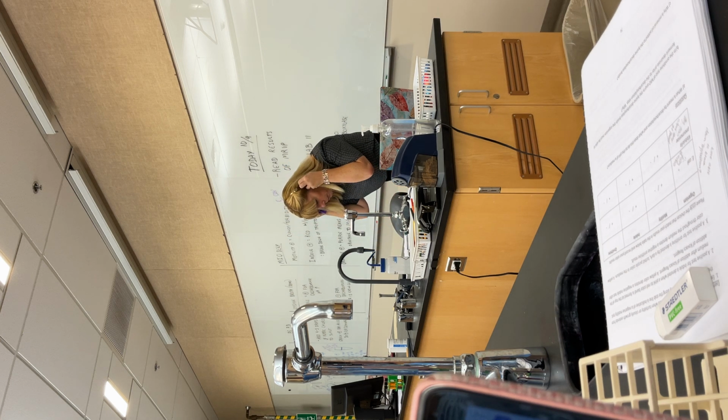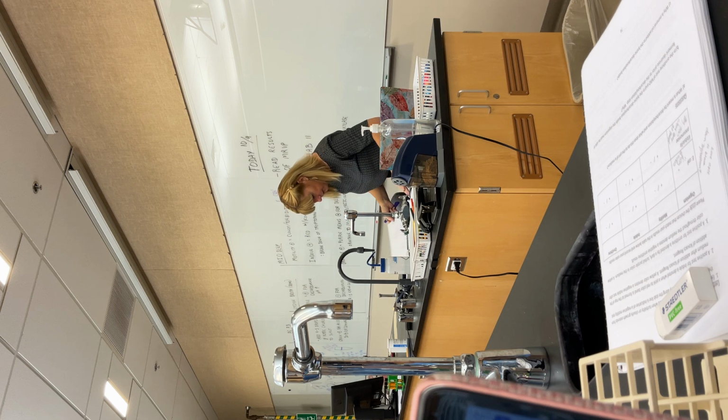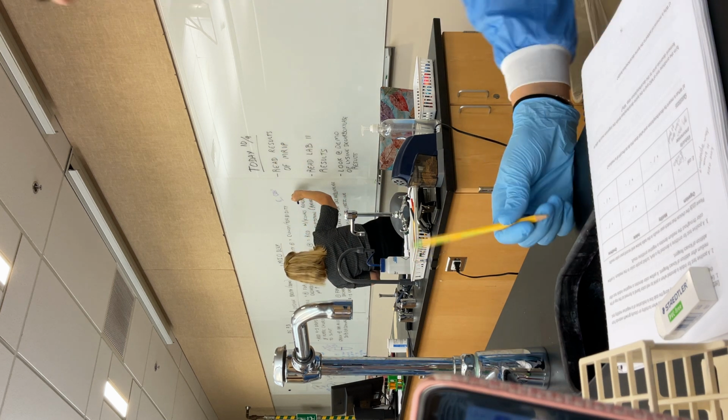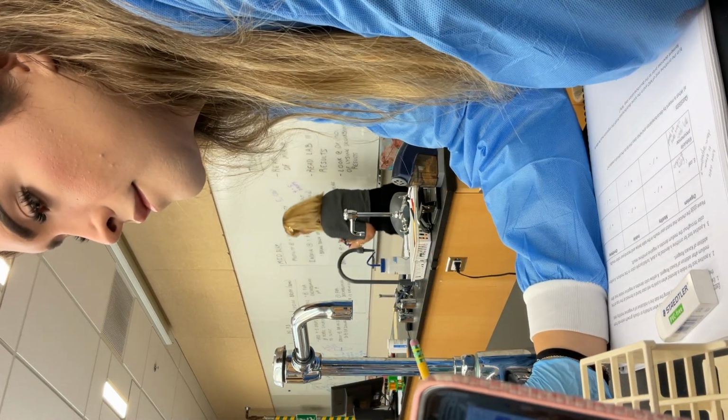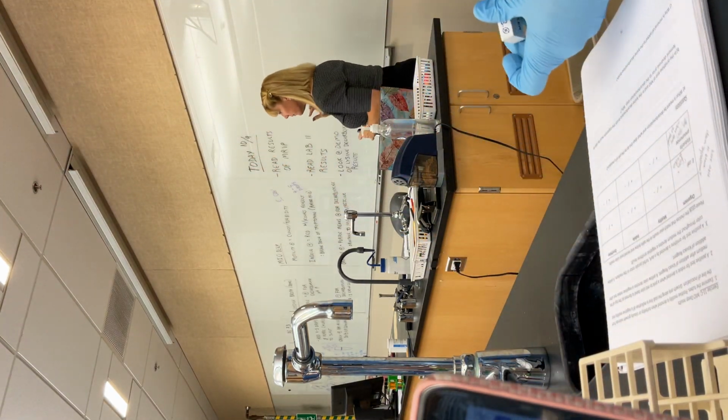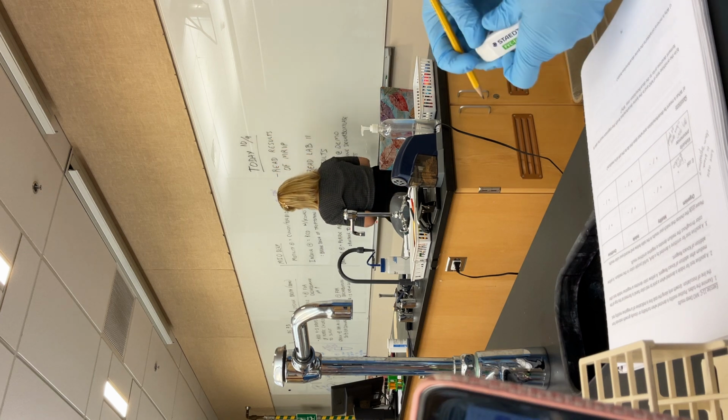I have to look at my notes to make sure how much Kovacs to add. Add 4 to 5 drops of Kovacs. So make sure you're adding Kovacs reagent, and we're just going to add that to the surface. We're not going to shake it.